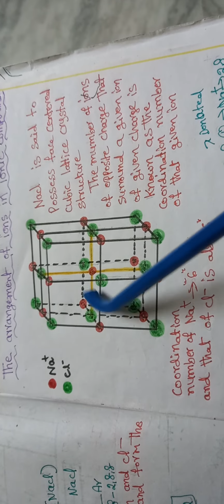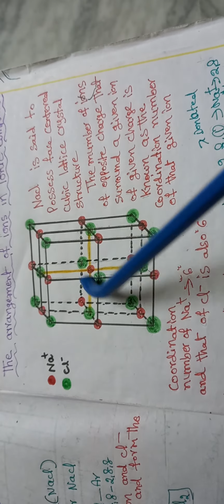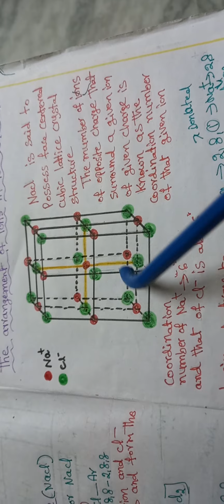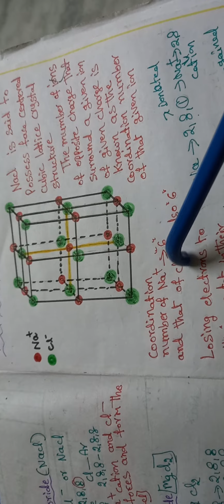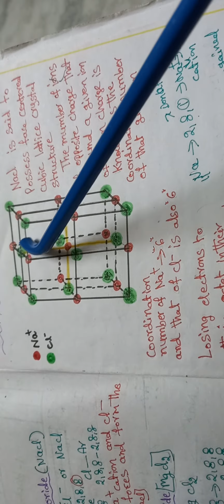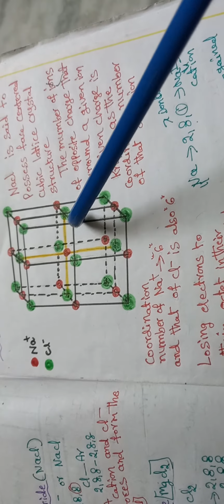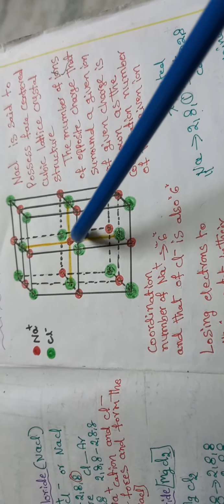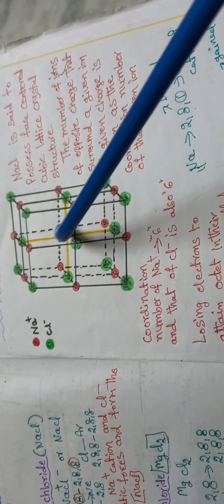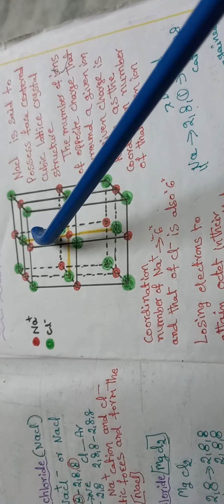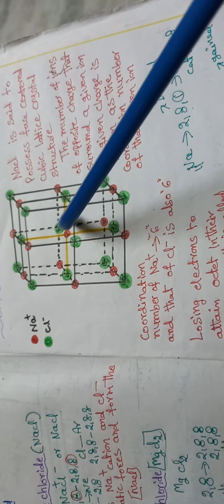Here we can see each atom surrounded by opposite charged ions. Coordination number of sodium is 6 and that of chlorine is also 6. One atom is surrounded by 6 other atoms. Red is surrounded by 6 green and green is surrounded by red atoms.